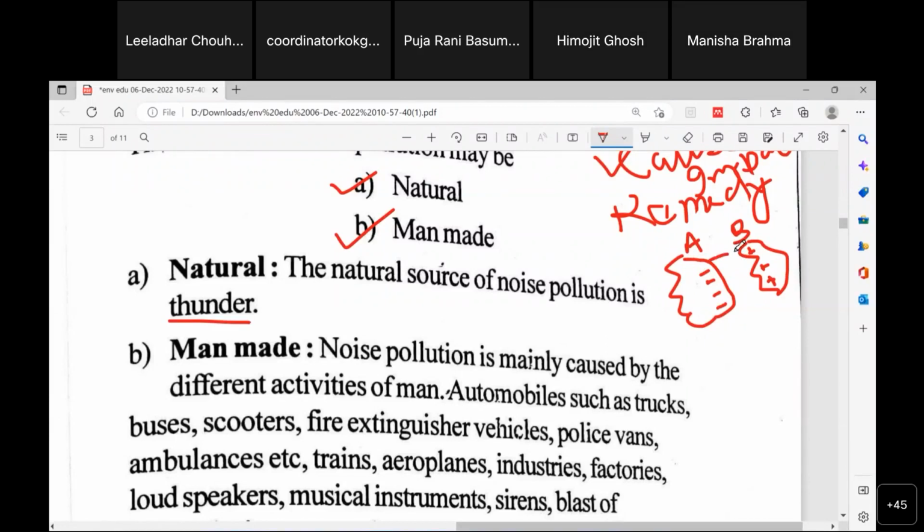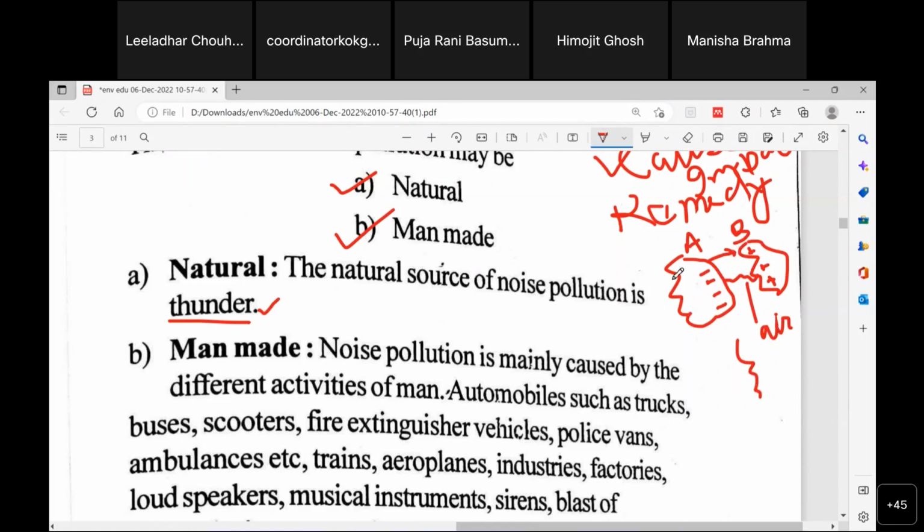And what happens is that there is a transfer of charge at high voltage between these two clouds. When such a high voltage transfer of charge takes place, there is lightning of zigzag shape. Current flows from cloud A to B, and when such current flows at high voltage between these two clouds, there is a pressure difference created in the atmosphere. Air also starts vibrating with high amplitude, and that leads to thunder.